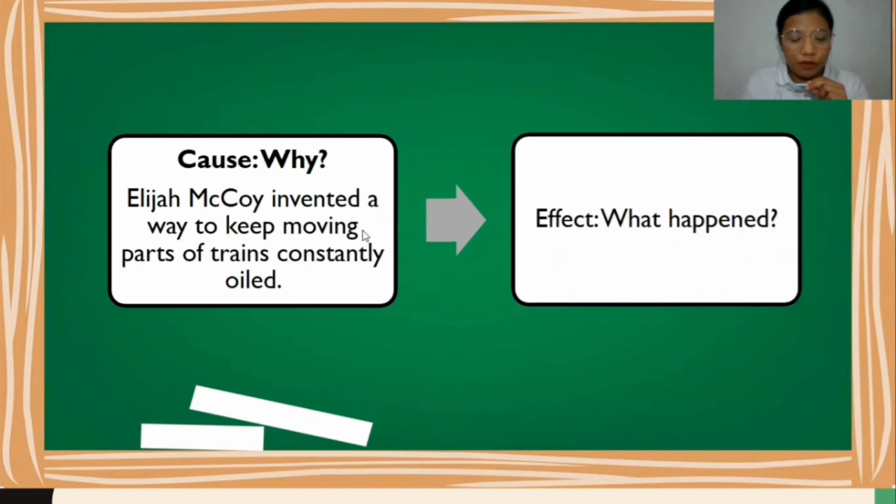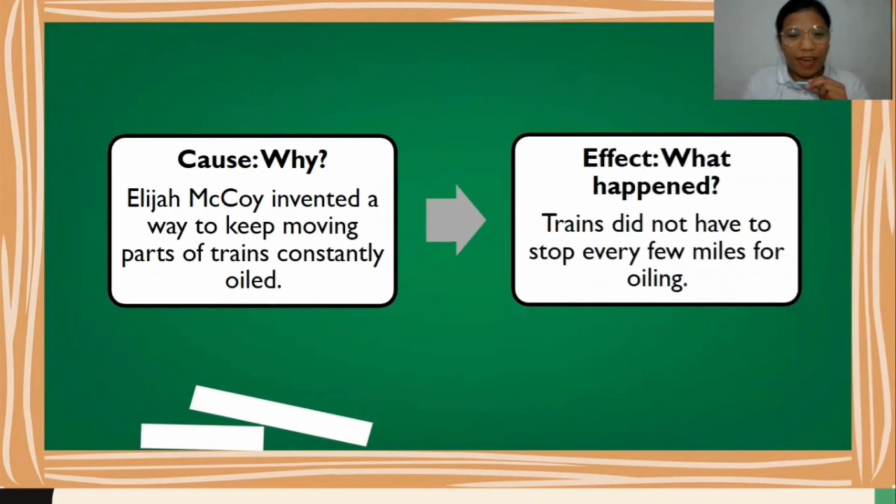So, we will put that information in the cause because it answers the question why. If this is the cause, then what answers the question what happened? Correct. The answer is trains did not have to stop every few miles for oil. So this is the cause and the effect present in the text we have read.